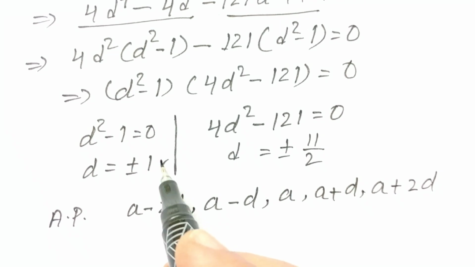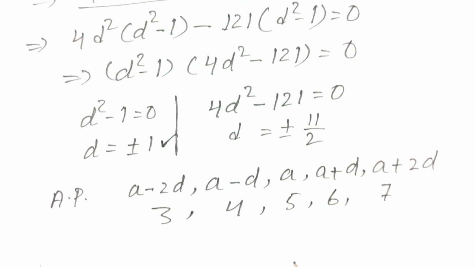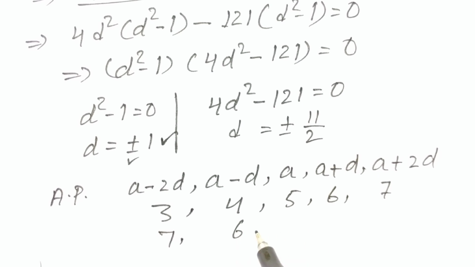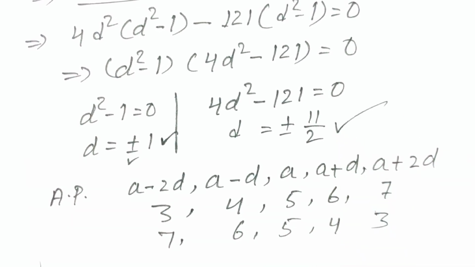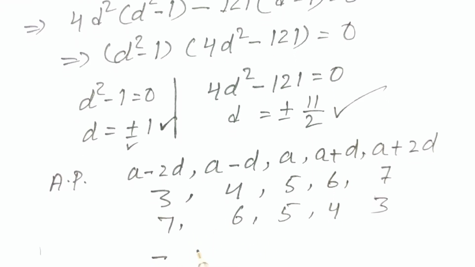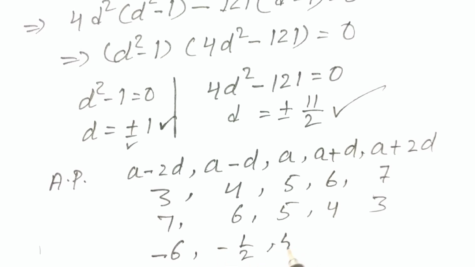If we take the plus sign, we get 3, 4, 5, 6 and 7, right? If we take the minus sign, 7, 6, 5, 4 and 3. If we take the plus sign here, we get minus 6, minus half, 5, 21 over 2 and 6.